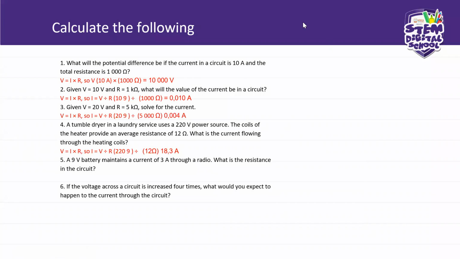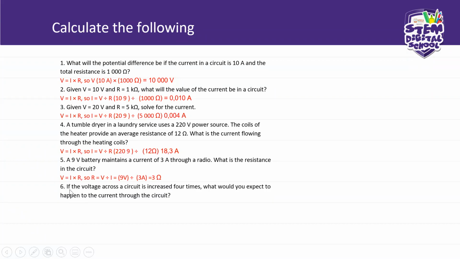Do your calculation quickly. Tando, have you finished? What's the answer, Tando? 3 ohms. Tando said it's 3 ohms. Let's see. Very good, Tando. 3 ohms.